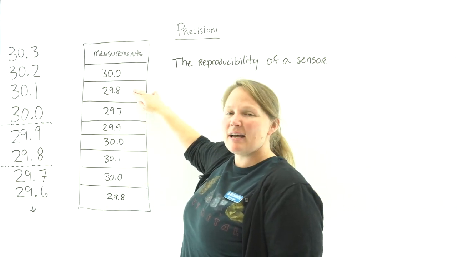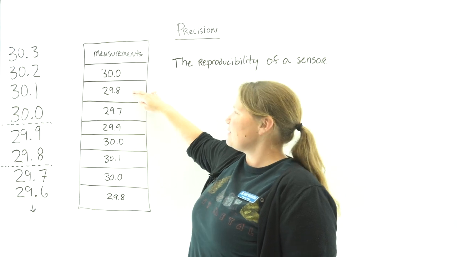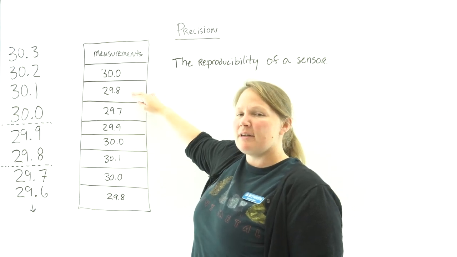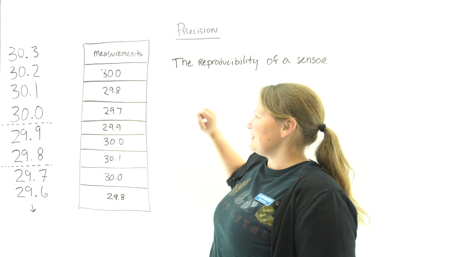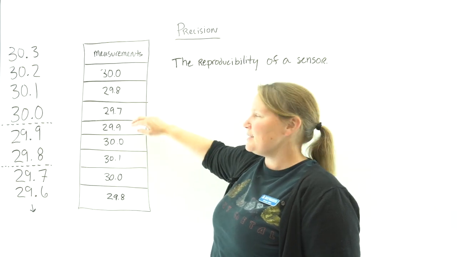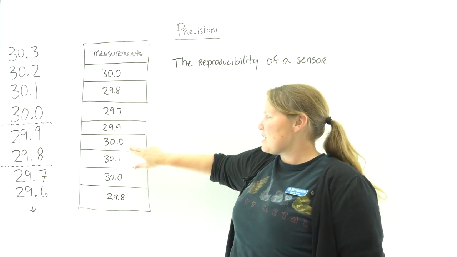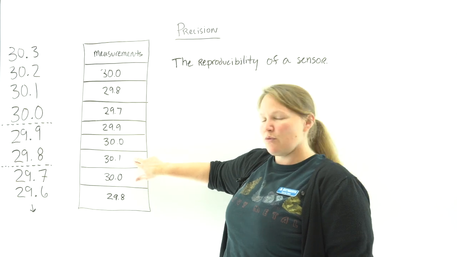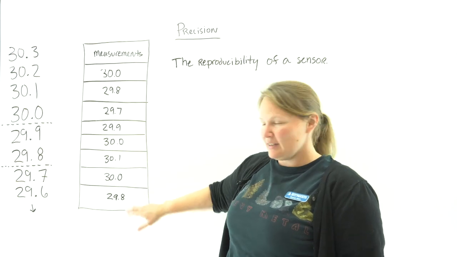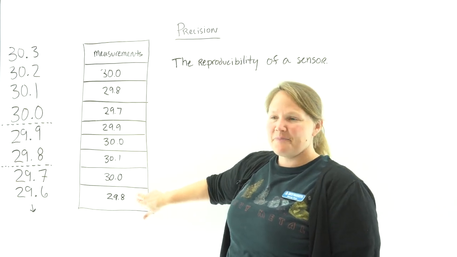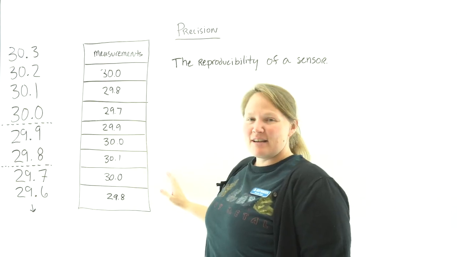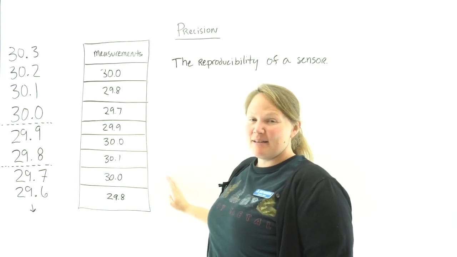Then I go back outside and I read it again. And I read 29.8 inches of mercury. And I run back in and write it down. And I go about 29.7, 29.9, 30.0, 30.1, 30.0, 29.9. This is showing me that I do not have a precise instrument.